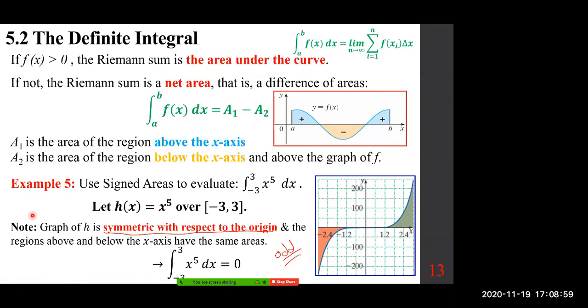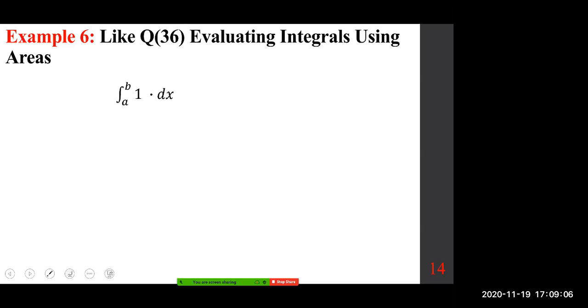Okay, so let's look at this concept. Starting with this simple example, the integral from a to b of 1 times dx. First of all, the reason I put 1, class, is because if I don't, some students cannot see it's 1 times dx, so y or f of x equals 1, which is a horizontal line.